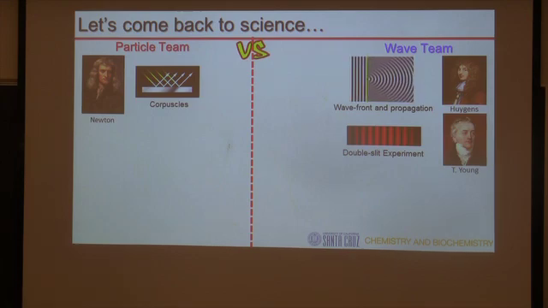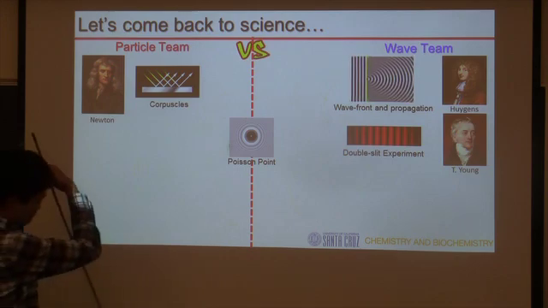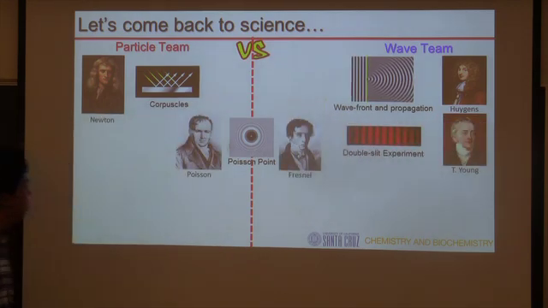The second progress was actually made between the two teams, where they focused on something called the Poisson dot, or the Poisson point. This story is related to two scientists at that time: one is Poisson, another is his student. Poisson was a member of the particle team, and he did not believe light is made of waves.